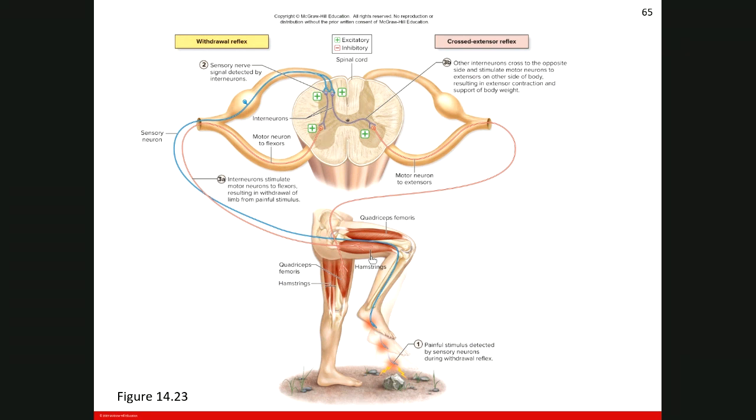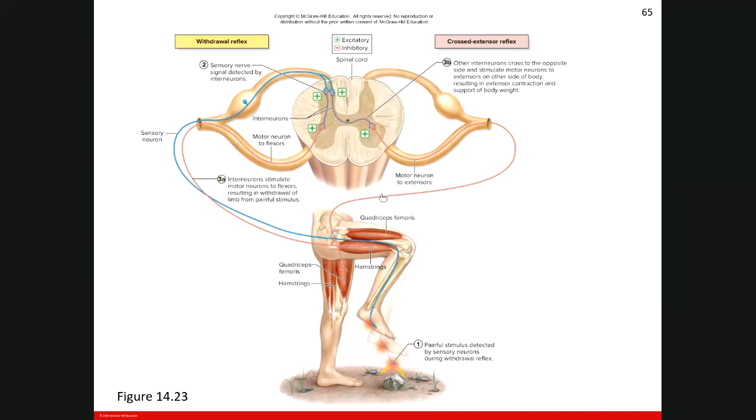But at the same time, the other reflexes happen here. You see that the other interneuron crosses to the opposite side of the spinal cord, and it makes the other response here. This response is going back to the quadriceps femoris on the other side of the body. This muscle can go to contraction and it can support the body weight.